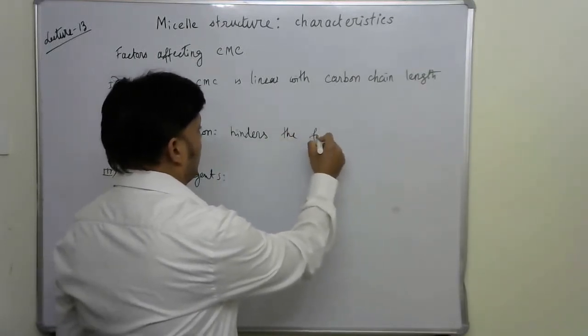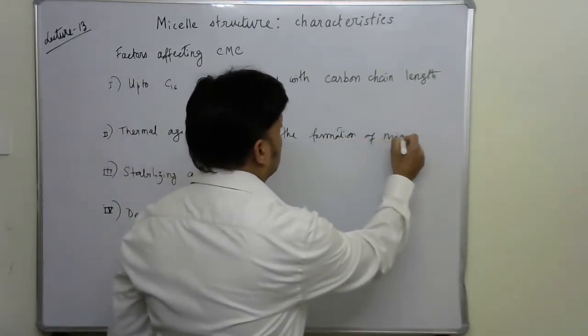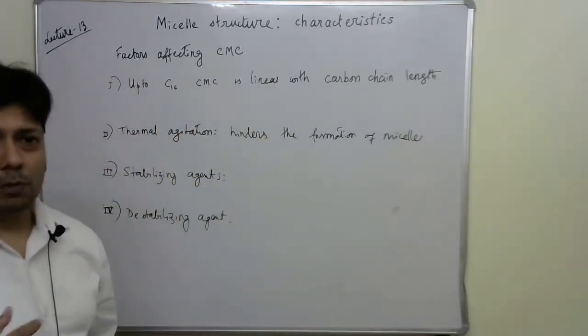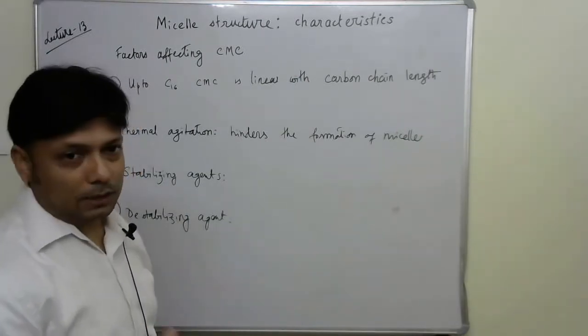Okay, so that means it would be very difficult to achieve a CMC if you have thermal agitation existing in the medium where you are going to make the micelle.